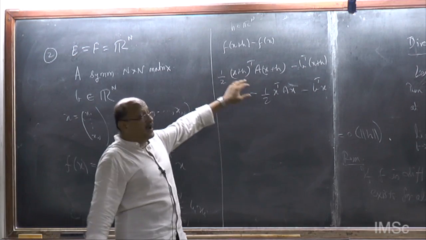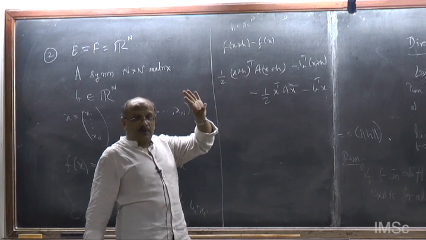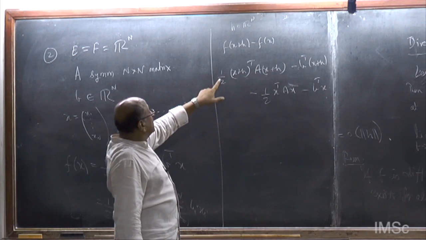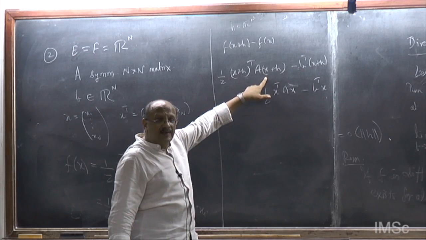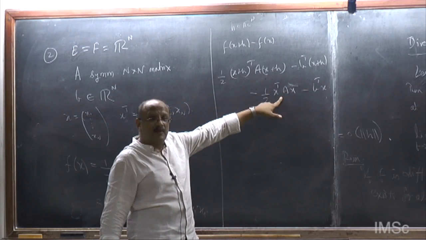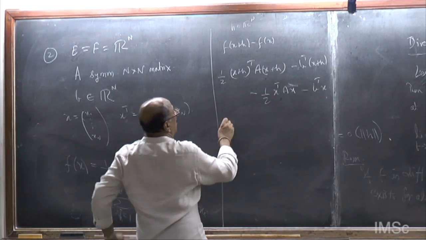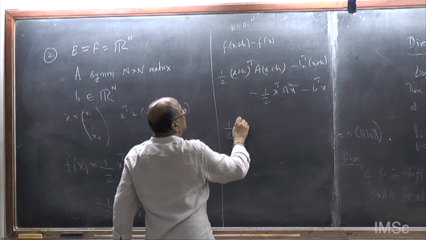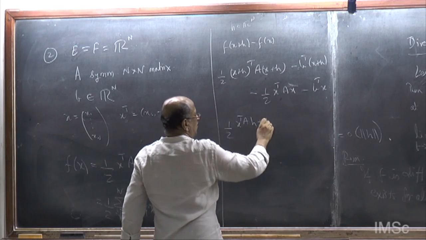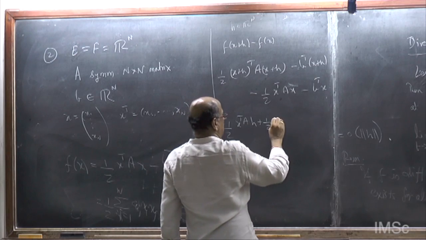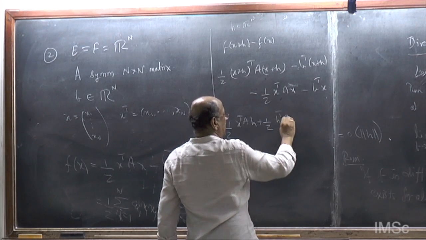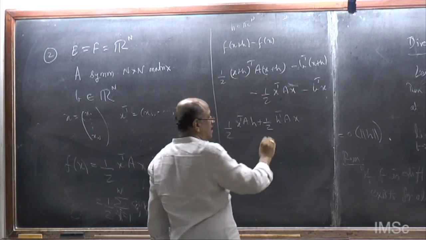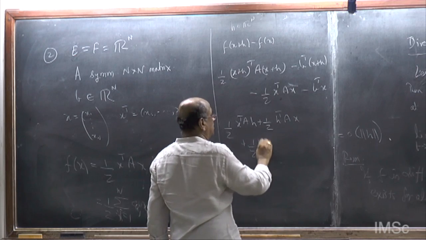So, if you expand this, you will get 4 terms. You will get x transpose Ax, that will cancel with this. Then you will get 1/2 of x transpose Ah plus 1/2 of h transpose Ax plus 1/2 of h transpose Ah.